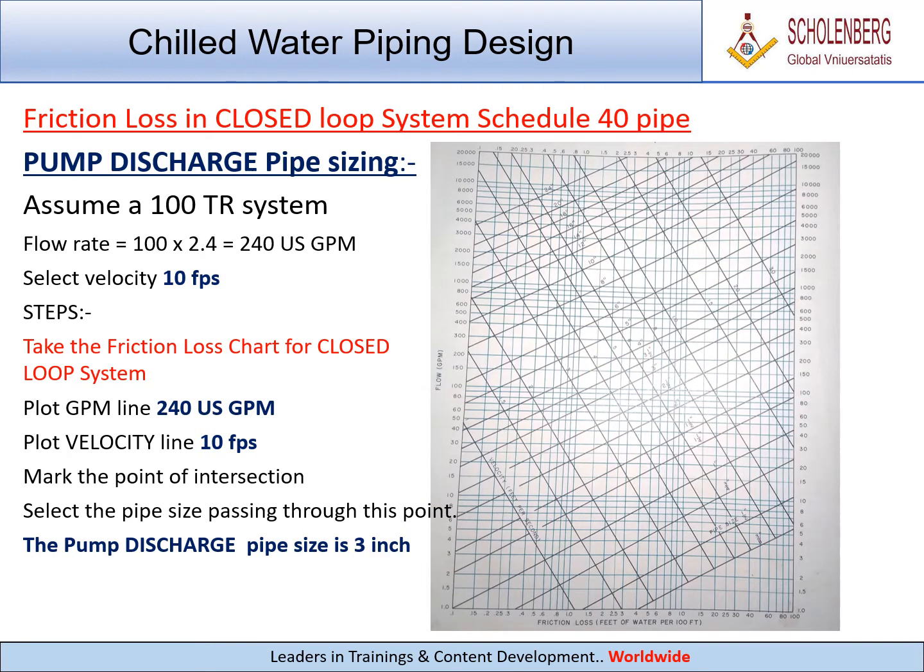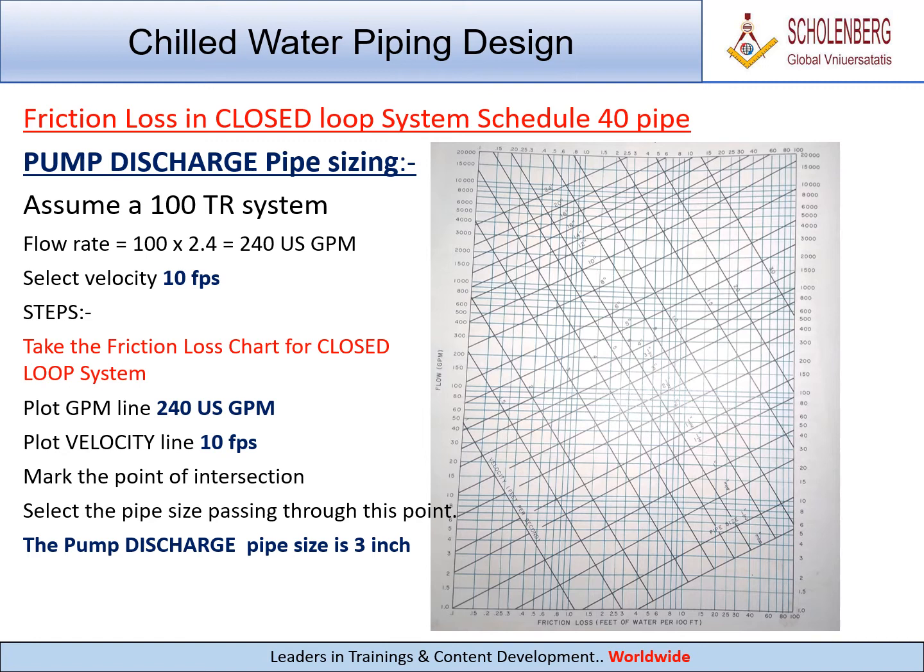Friction loss in closed loop system, Schedule 40 pipe. Pump discharge pipe sizing. Assume a 100 TR system. Flow rate equals 100 multiplied by 2.4 equals 240 US GPM. Select velocity 10 FPS. Steps.